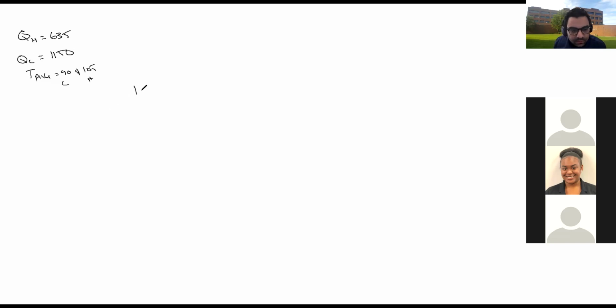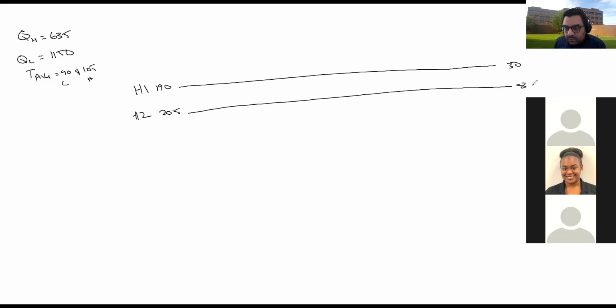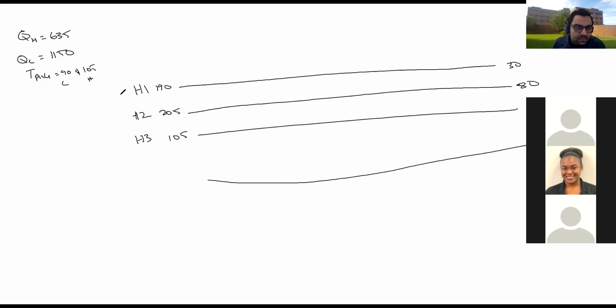H1 goes from 190 all the way to 30. H2 goes from 205 all the way to 80. H3 goes from 105 to 55. I'm using the original temperatures, not the adjusted temperatures we used to develop our cascade diagram. C1 goes from 65 to 175.